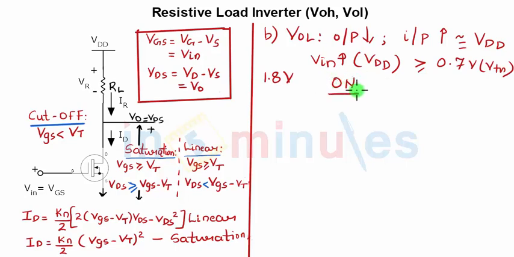The thing which we need to identify is whether my transistor is operating in the linear region or in the saturation region. So for linear and saturation region, this is the equation which differentiates whether the transistor is operating in the linear region or in the saturation region. Let's quickly do that. VDS compared with VGS minus VT.